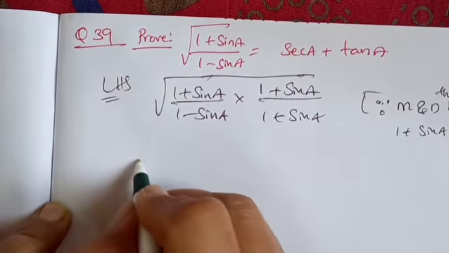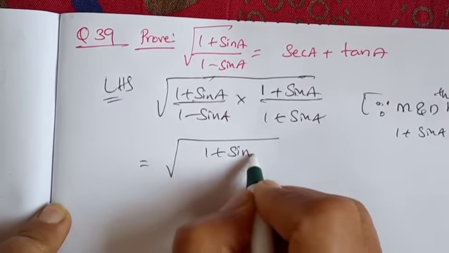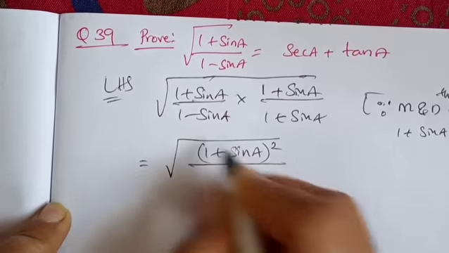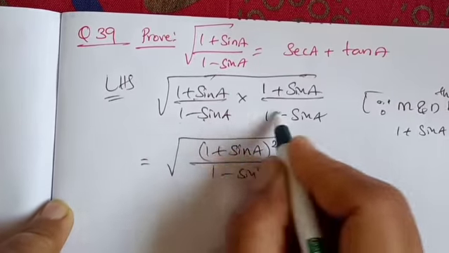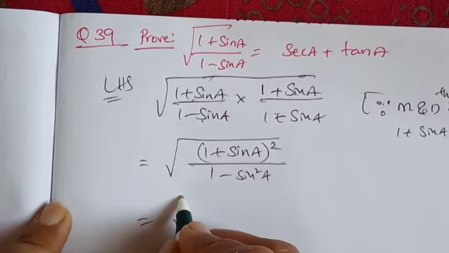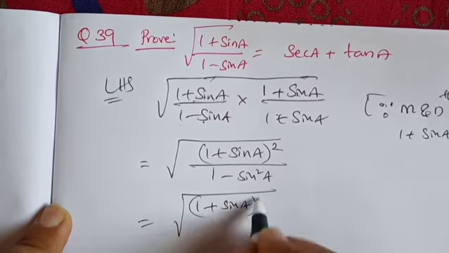Okay, so now here square root of 1 plus sin A whole square by 1 minus sin square A, minus B, A plus B, and under root it is as usual 1 plus sin A whole square.